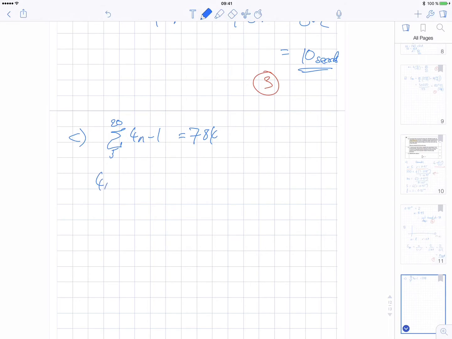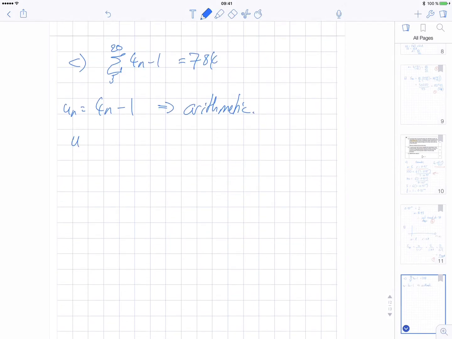Now, 4n minus 1 is arithmetic. So what I'm going to do is find the sum of the first 4 terms, and that is equal to 4 over 2 lots of a.